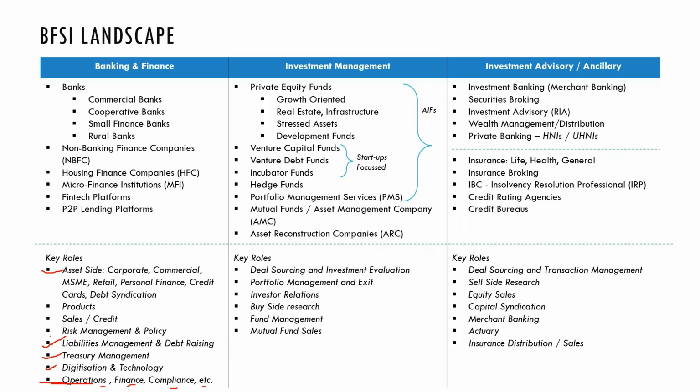So coming to the asset side roles, which is the lending roles, which are very key to these institutions. There could be corporate lending, which is more wholesale in nature, which could be to large corporates, mid corporates, other institutions, project finance, infrastructure finance, etc. And there could be commercial loans, there could be MSME, which is micro, small, medium enterprises.